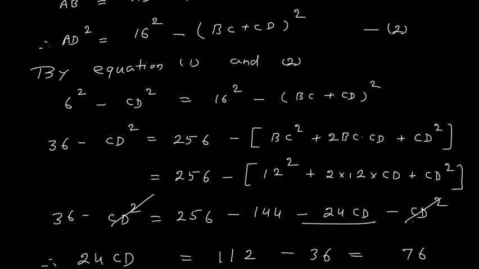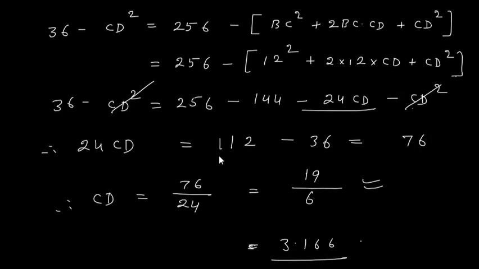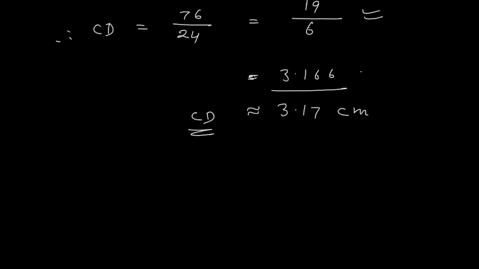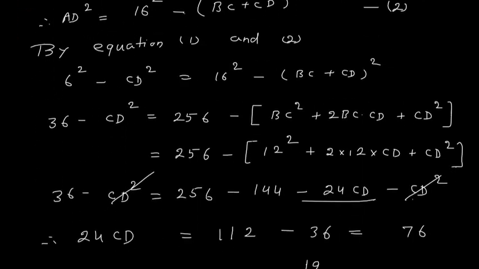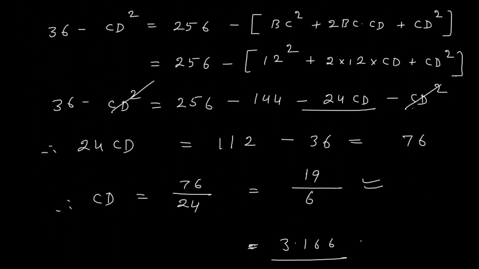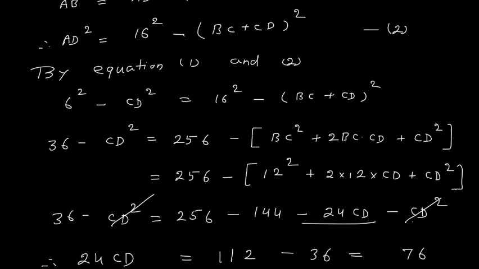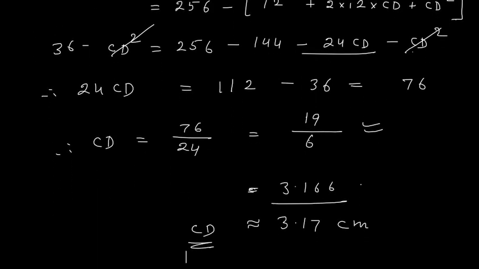If there is no calculation error, then the value of CD is 3.17 centimeter. So cross check the calculation again. The answer is coming in decimal, so I am a little worried whether I got it right or wrong. So you just cross check this solution.